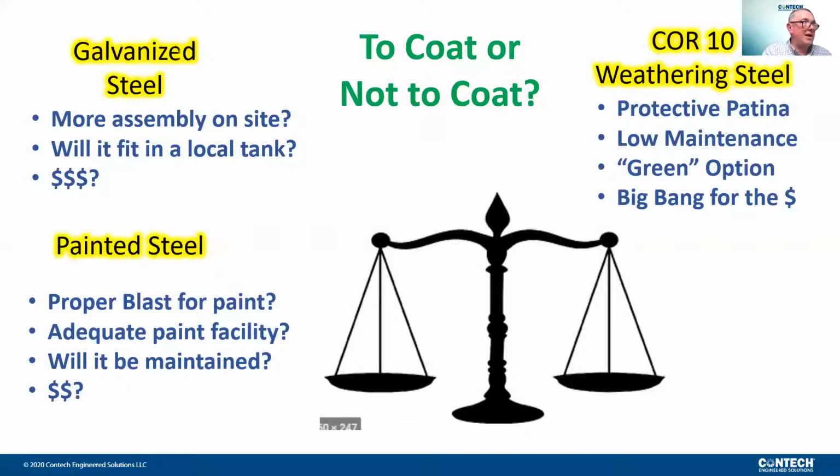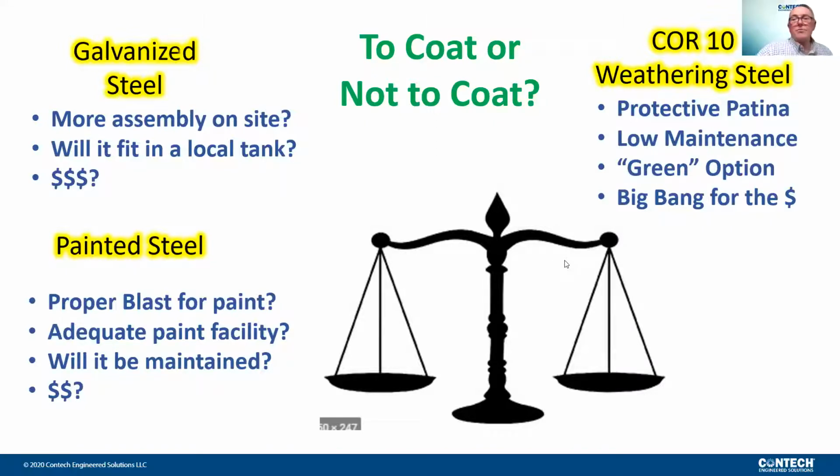And with that, the protective patina makes weathering steel a low maintenance option. It also might be considered a green option as there are no coatings to leave at the project site, and it has quite an impact since it's the lowest cost option.